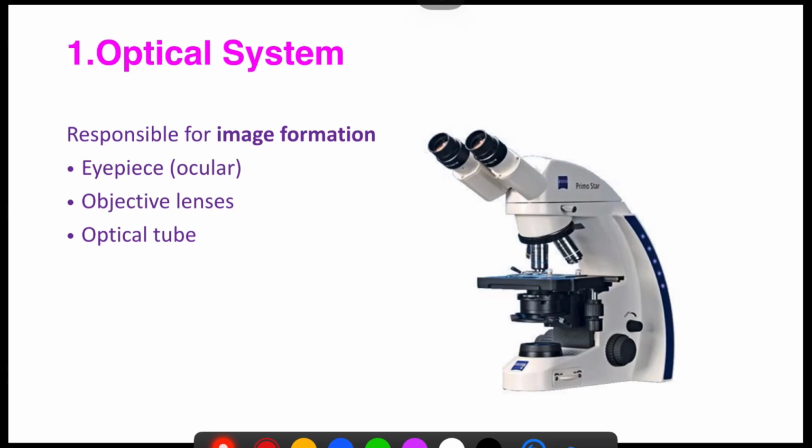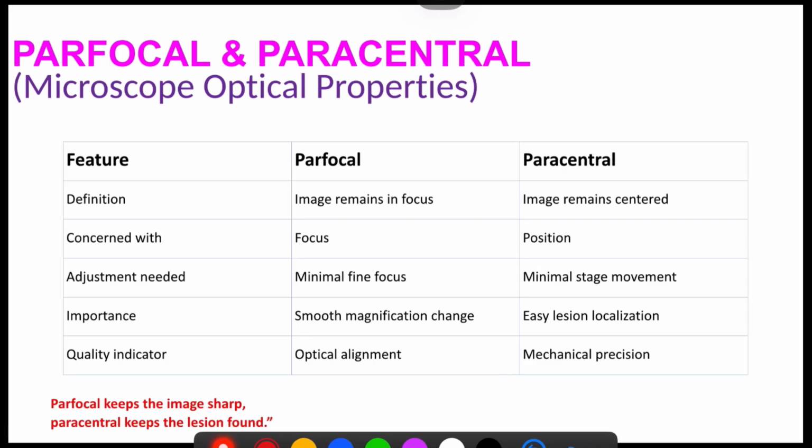Now let's start with the optical system. It consists of the ocular eyepiece, objective lenses, and the optical tube which connects both. And whenever we want to purchase any microscope, we have to look carefully at its optical properties.